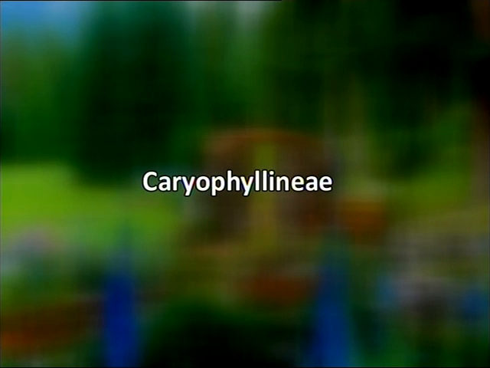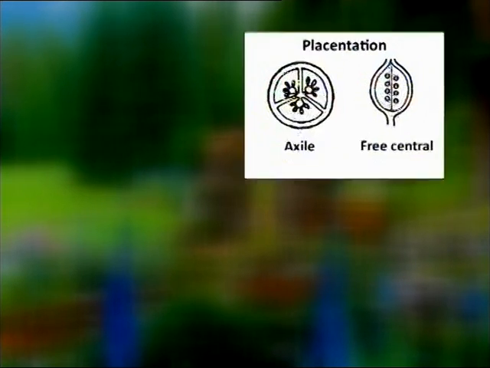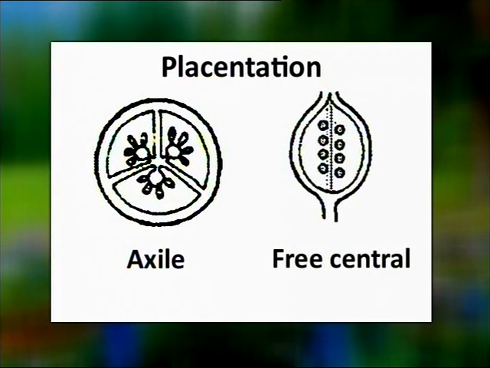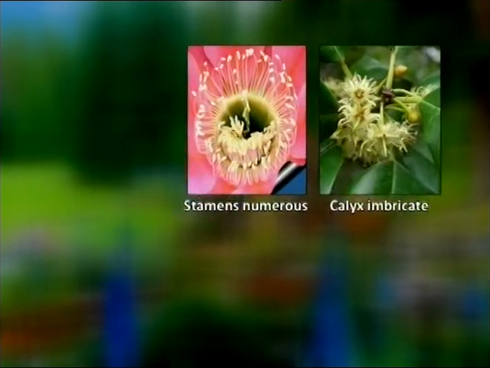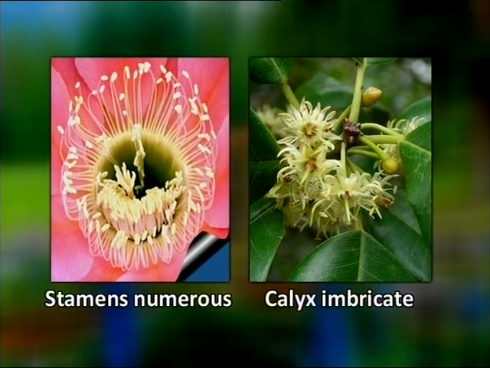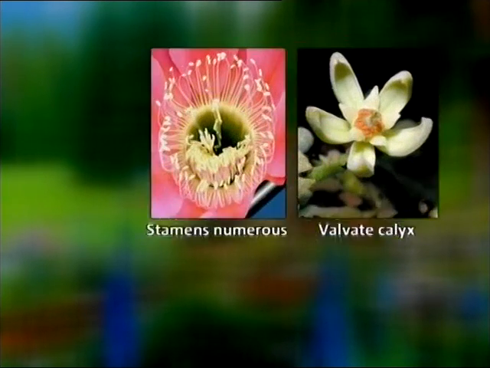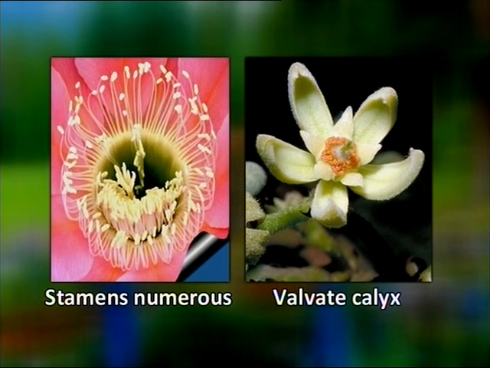Order 4th, Caryophyllinae, axile or free central placentation, represented by 4 families. Order 5th, Guttiferales, stamens numerous, calyx imbricate, represented by 6 families. And order 6th, Malvales, stamens numerous, calyx valvate, represented by 3 families.